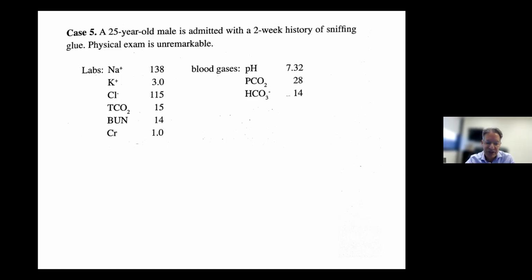And if it is, we don't even have to go to the remaining two possibilities. And so it is. Again, you have a case where the bicarb fell roughly what the PCO2 fell.